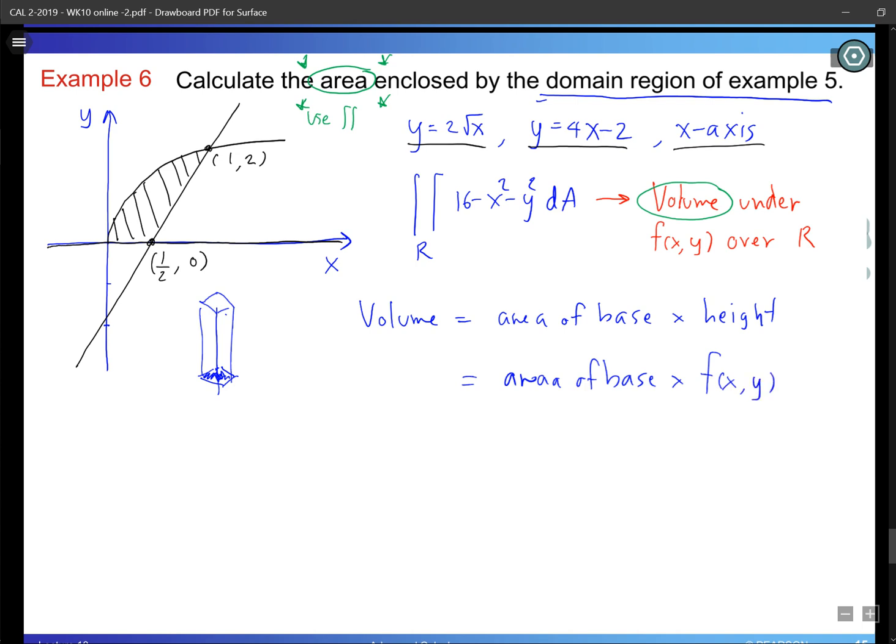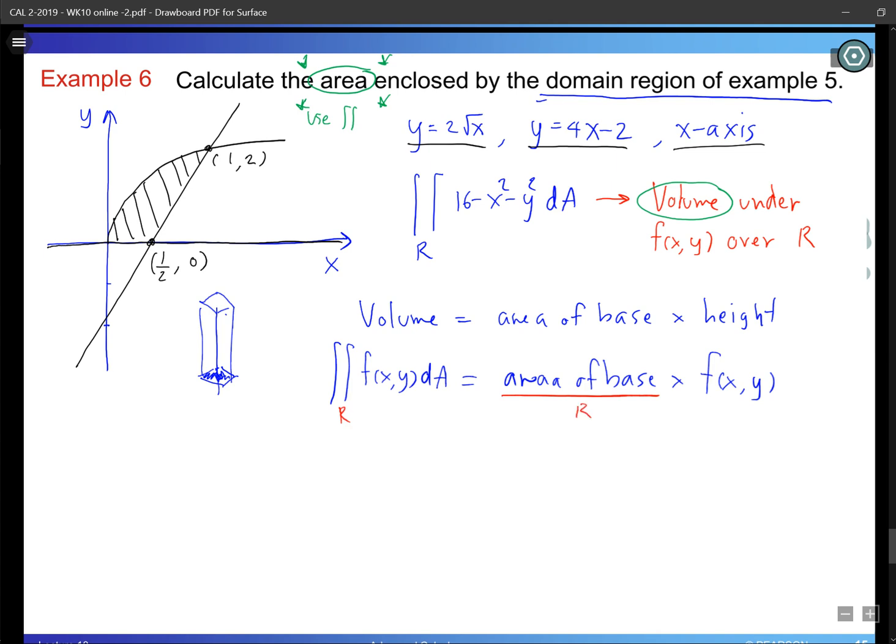So in this case, I want you to think back about what we learned in the beginning of the class after the midterm. We visualize the surface, and then we see the volume under it, and we also see the base and the area. And we also know that area times the height of the function is equal to the double integral of f(x,y) over a certain region, this same region, the area of the base, R. Same thing.